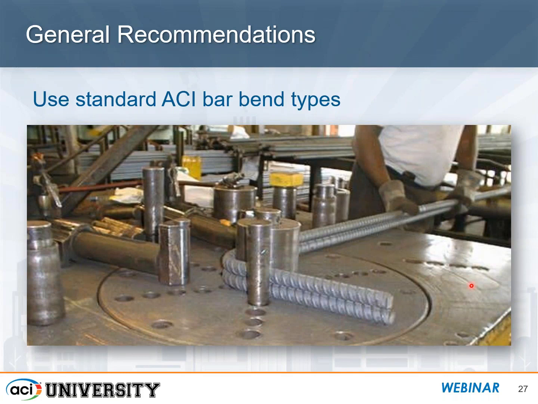There's really no reason, unless there's a very special circumstance, that you should specify anything other than the standard ACI bar bends that are given in Chapter 25 of ACI 318. You really get no benefit from it. So if you were to specify something other than that, you can imagine what was going to happen in the fabrication shop. Things have got to be changed.